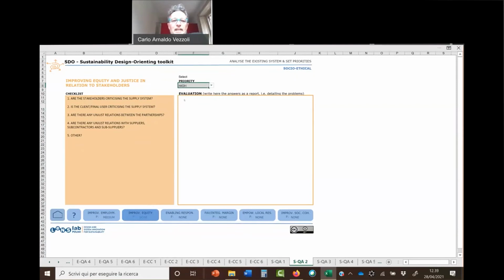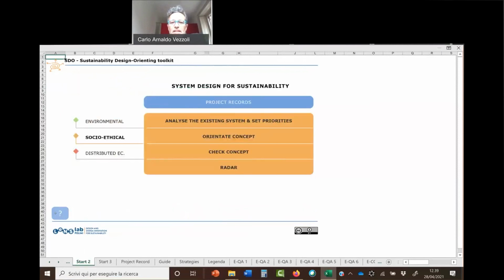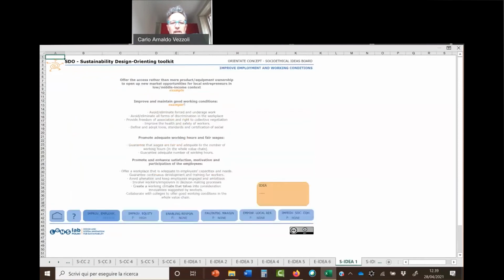So there is a high priority because, for example, we are taking some vegetables from low-income contexts where there is no concern or attention or certification about fair trade and so on. So this could be a high problem that we can highlight.